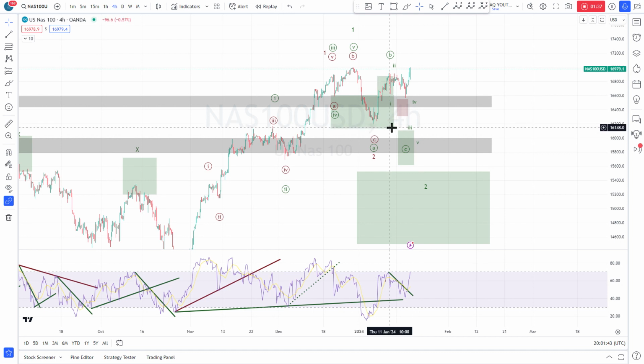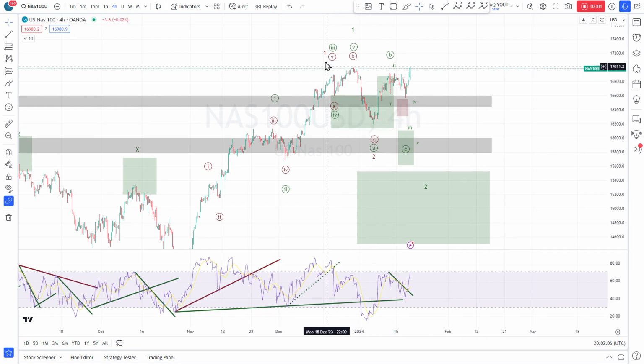So now we have to try to explain how exactly this cycle could develop. First of all, remember I told you that a possible trap could be that we have an expanded flat structure right here.